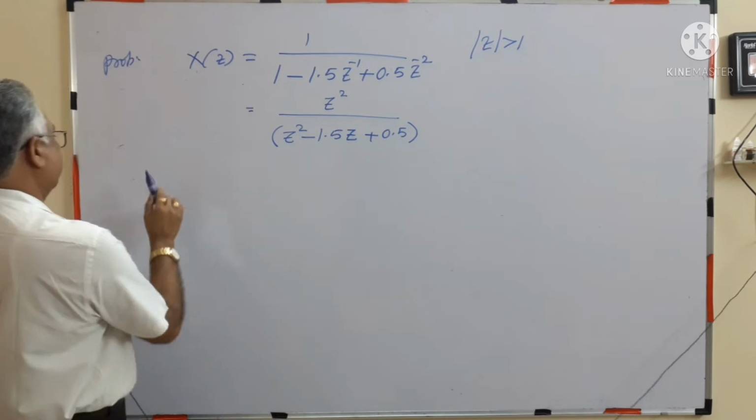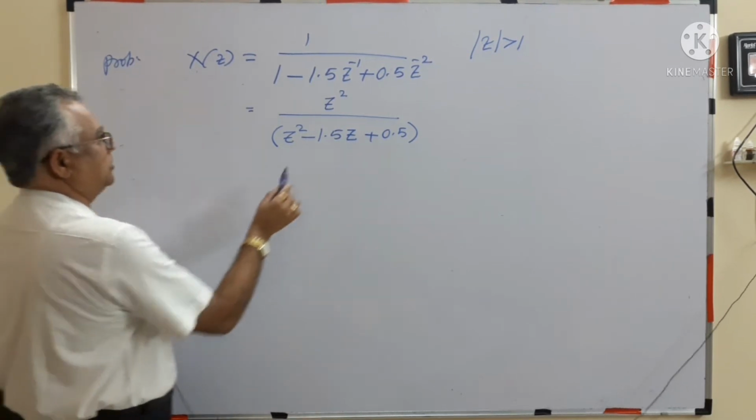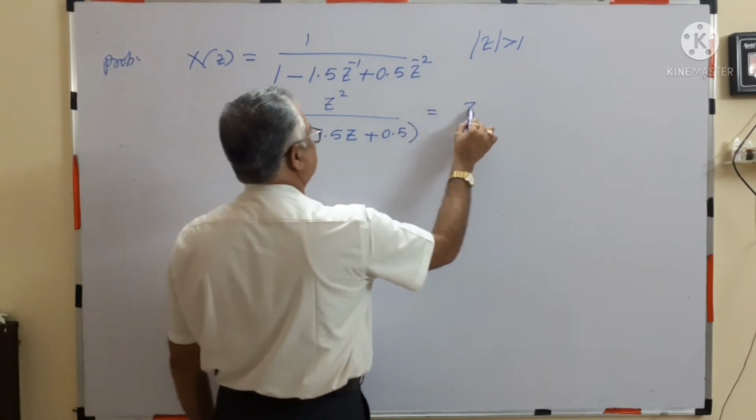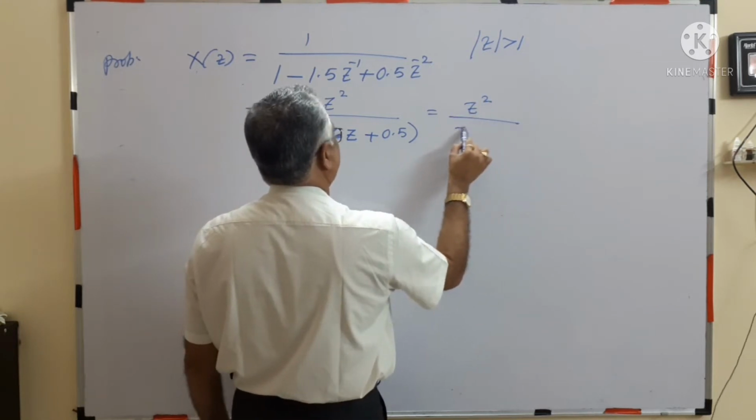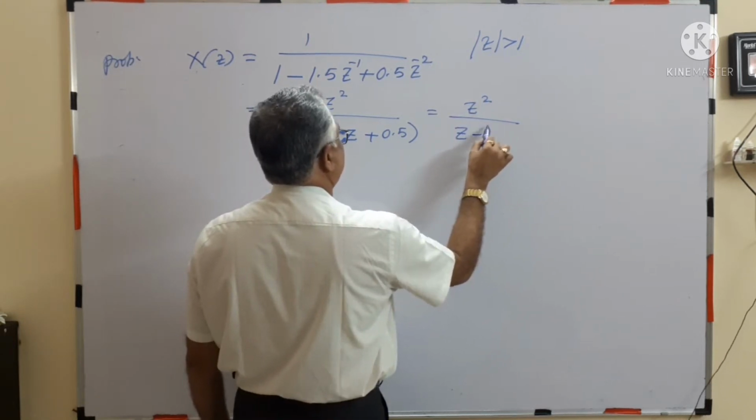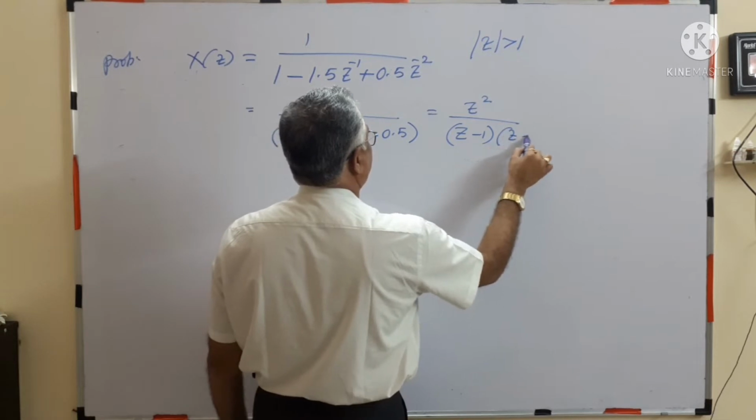Okay, so we want x of n. This can be factorized: z square by z minus 1 into z minus 0.5.